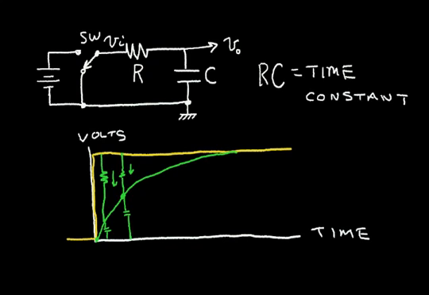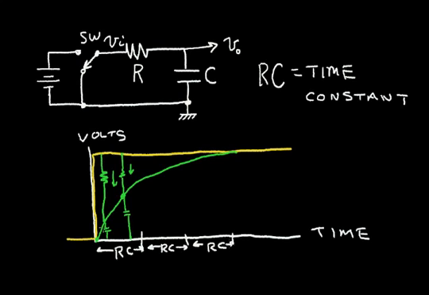Now, if we say that this unit of time, we can call this RC. So one time constant is this amount. This time over here would be another time constant, RC. And again, if we take another chunk of time here, this would be another RC.